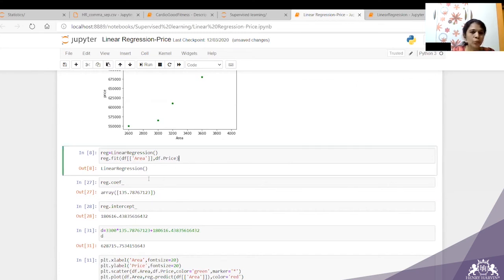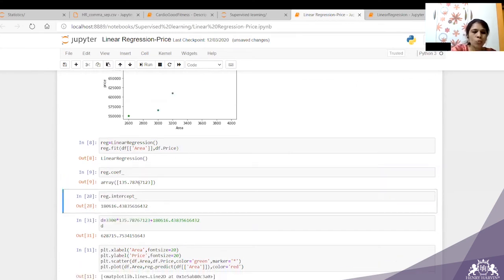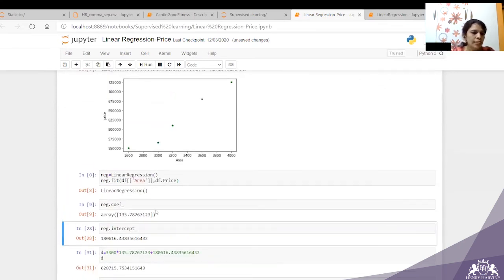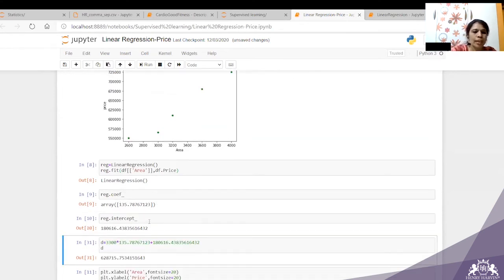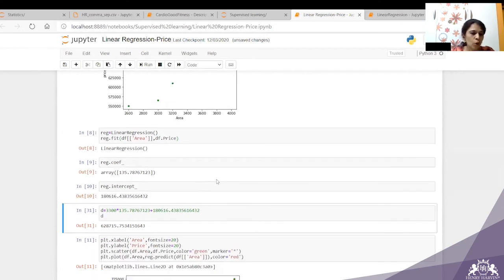What happens here? I want to know the coefficient, and the coefficient is identified as 135 point something. Here we can get only one slope, so the answer is 135.7876 something. I can get the intercept value also.